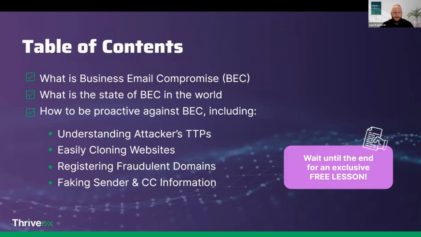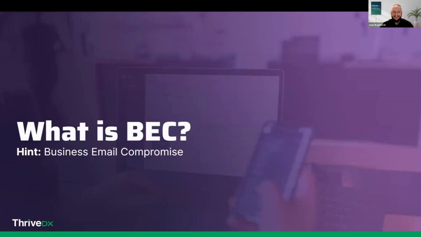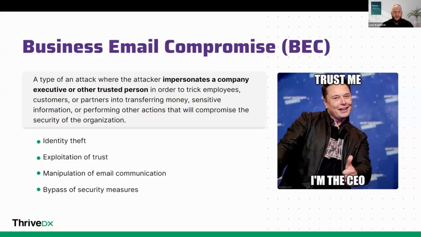So, starting in, what is business email compromise? I'm pretty sure the name gives it away. Well, it has compromise and business email in it. So as most of you would assume, it's a situation in which an account within my organization was compromised and is now being used to target additional people within the organization.